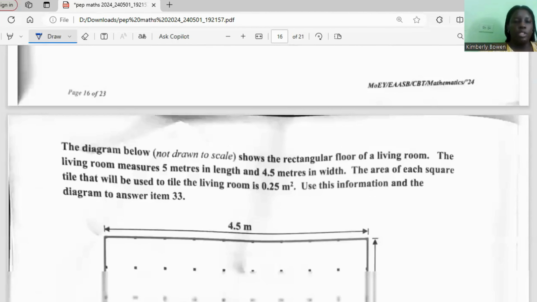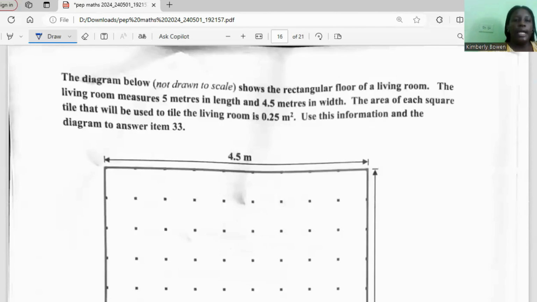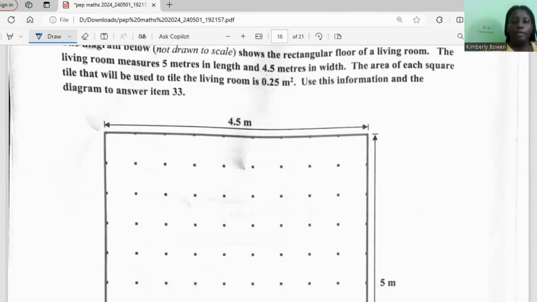Let's move on to number 33. The diagram below, not drawn to scale, shows a rectangular room. It's the floor of a living room, and it's rectangular. The living room measures 5 meters in length and 4.5 meters in width.